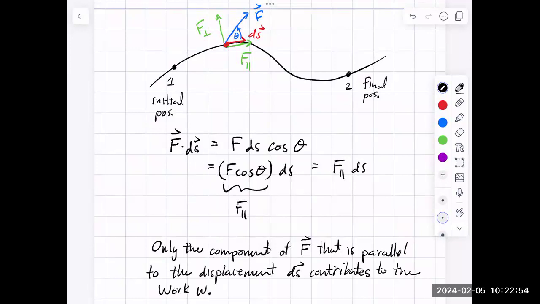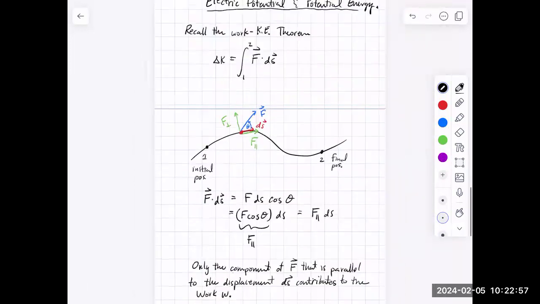Let's call this work W. And so this integral is equal to the work, and it's also equal to the change in kinetic energy by the work kinetic energy theorem. All right, so what I want to do is this calculation.